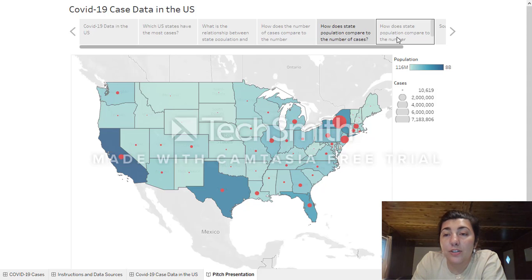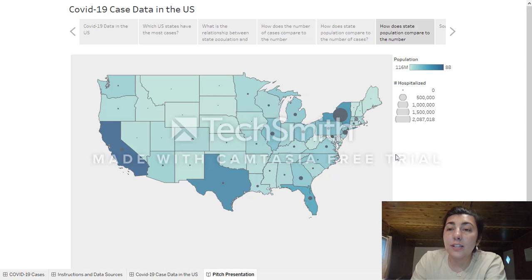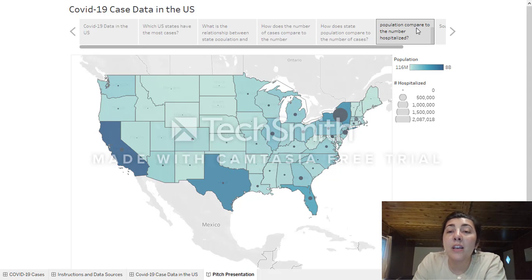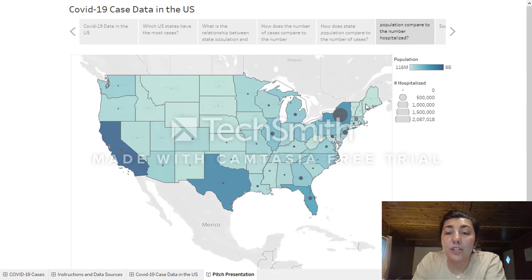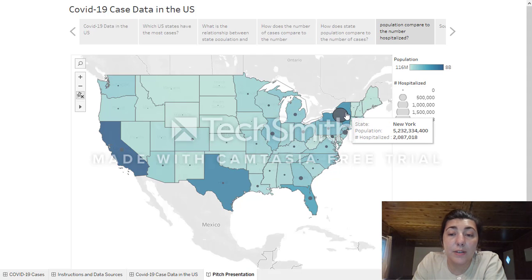So the last question that I made into a visualization was, how does state population compare to the number hospitalized? So it's very similar to the last visual. We still have population represented by the colors, but instead of cases, we have the number hospitalized. So you can see that New York has the most hospitalized, California does not have near as many hospitalized.